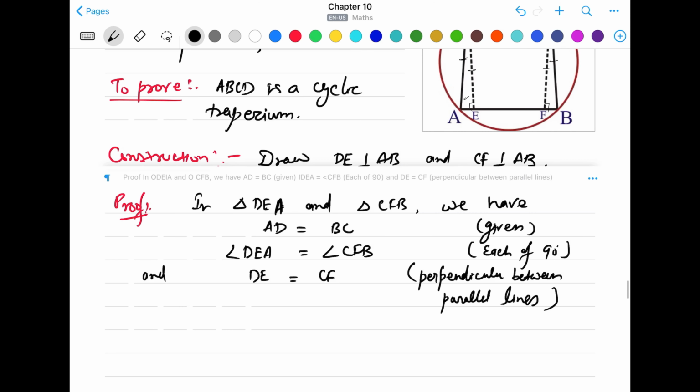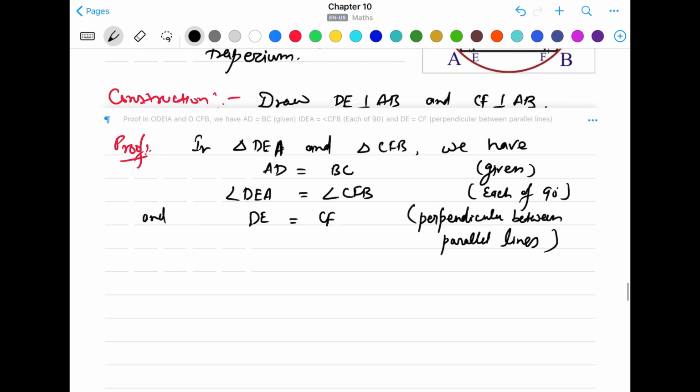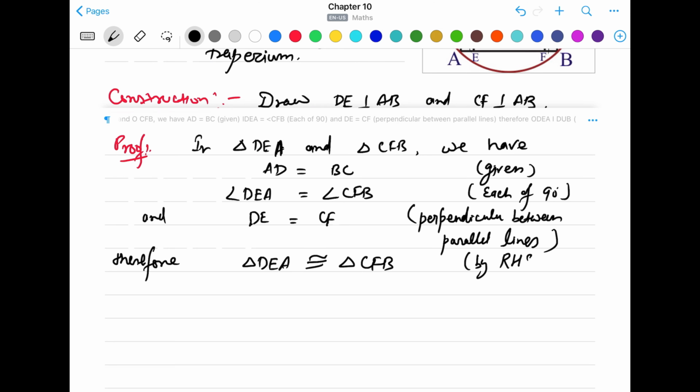So we got right angle, hypotenuse, and side. Therefore, by the RHS Congruence Rule, triangle DEA is congruent to triangle CFB.